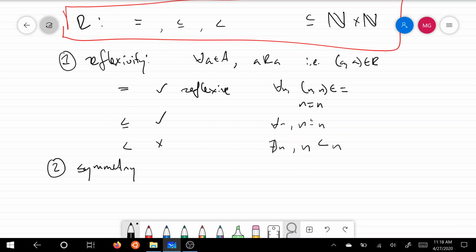Okay, let's look at symmetry. Symmetry says you can mirror image the relation. For all a, b in A, a R b implies b R a. Let me write that a little more neatly.